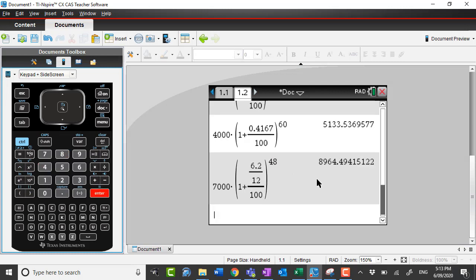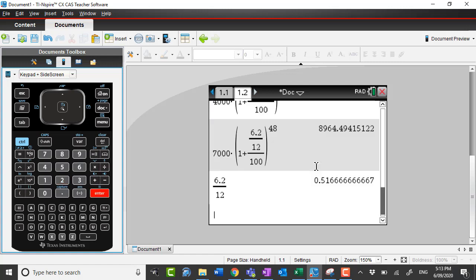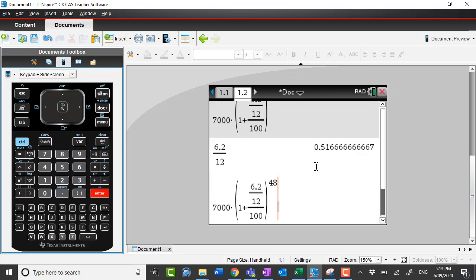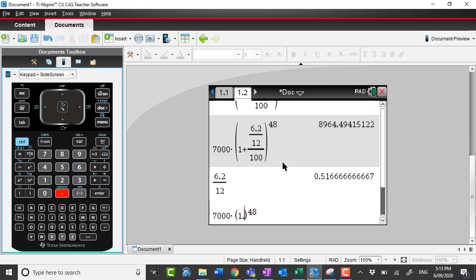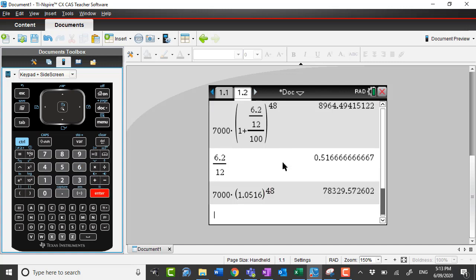And there you go. As you can see, if I do this 6.2 divided by 12, and instead of that, let's say we used a rate of 1.0516, and I just use that, for example, let's see the difference.